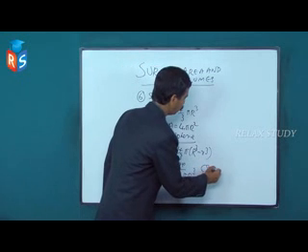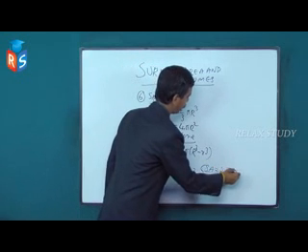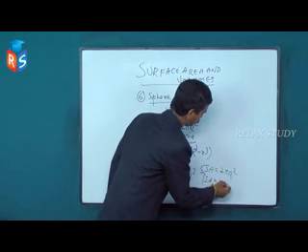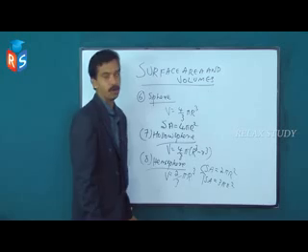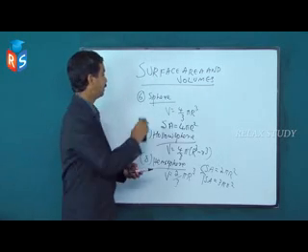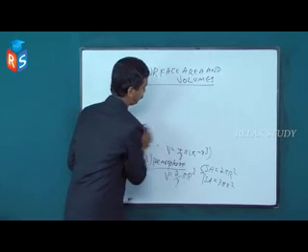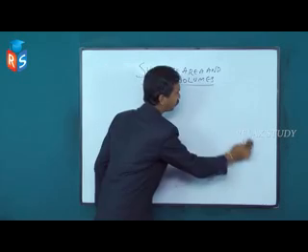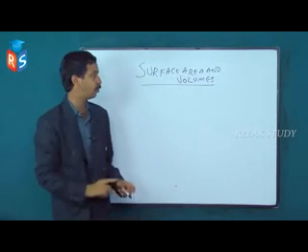CSA is 2 pi r square and TSA is 3 pi r square. So we should know all the formulas such as volume, CSA, TSA. Now we can do some problems related to these formulas.